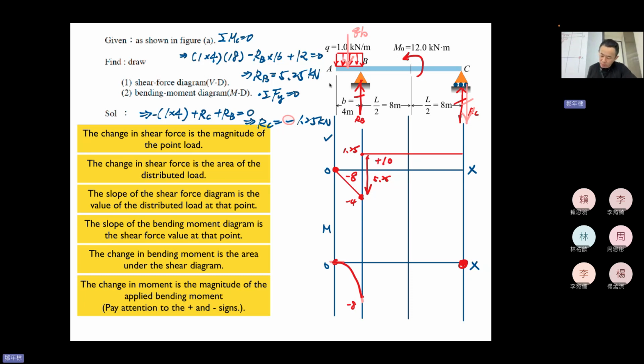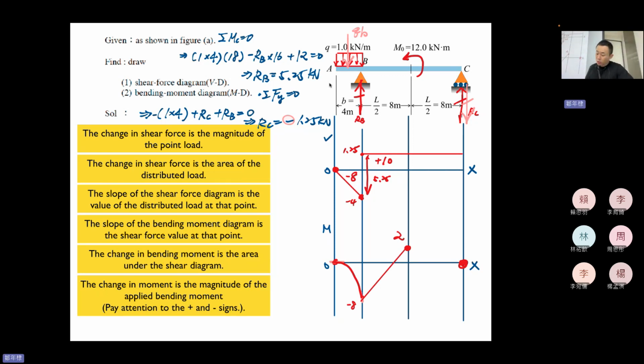Okay, plus 10. So -8 will jump to plus 2. Right? And then how to connect them? It has a constant value of shear, so the moment slope will be a straight line.